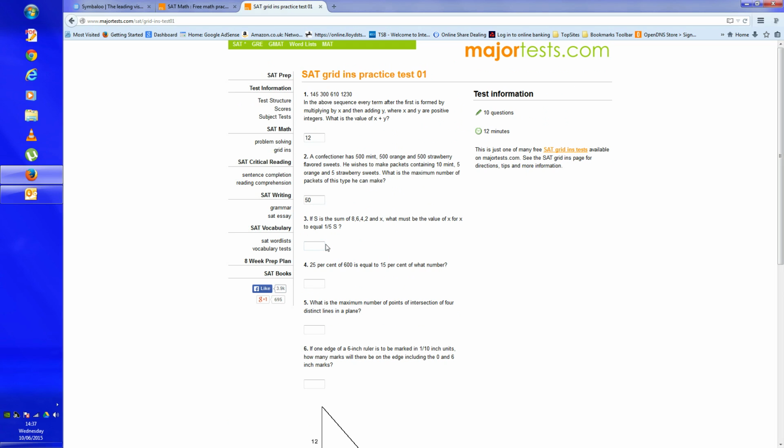What you'll realize is for questions like: if S is the sum of 8, 6, 4, 2 and X, what must be the value of X for X to equal 1/5 of S?